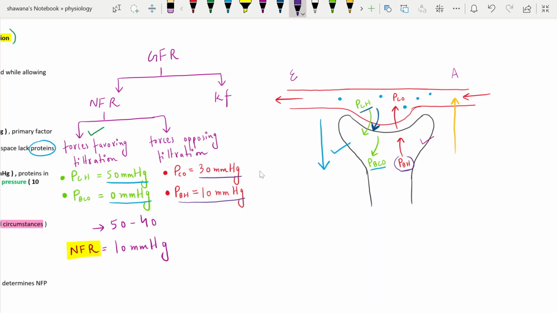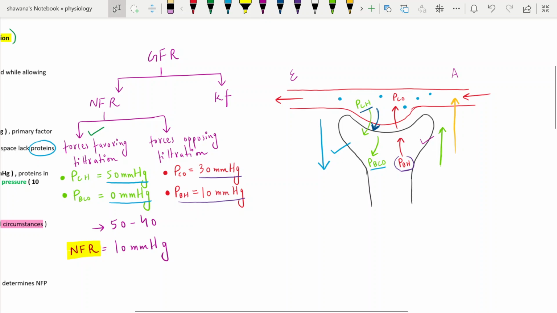So the pressure in the Bowman's space, which is hydrostatic, should exert a pressure on the walls. So this pressure is also in this direction. It opposes the filtration, and under the physiological circumstances, this pressure has a value of 10 millimeters of mercury.